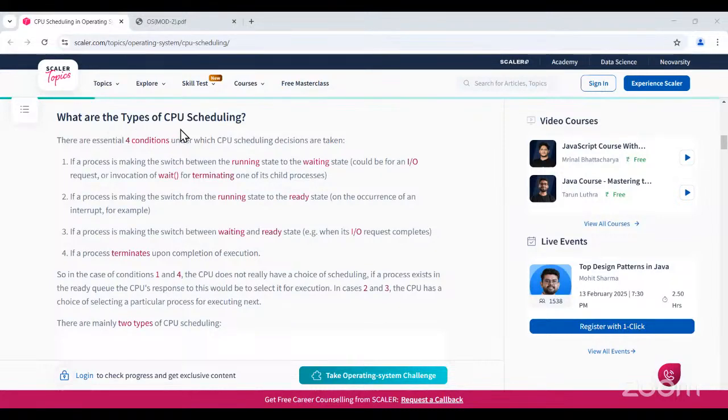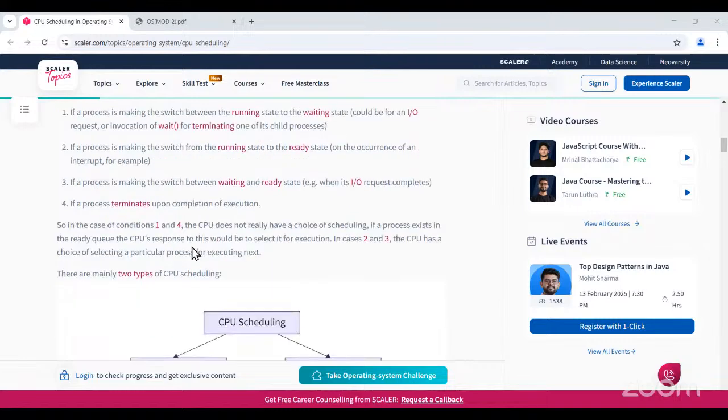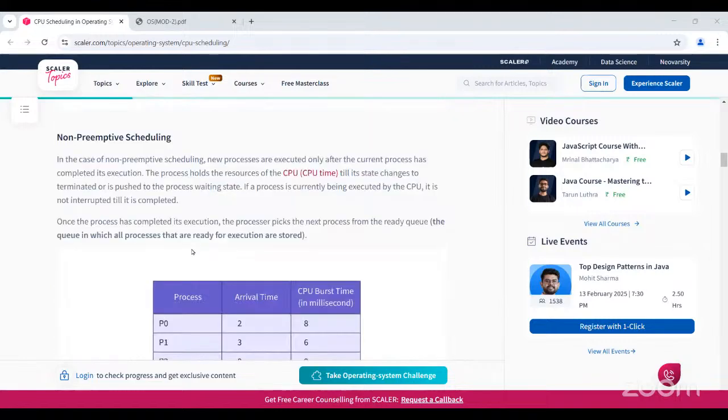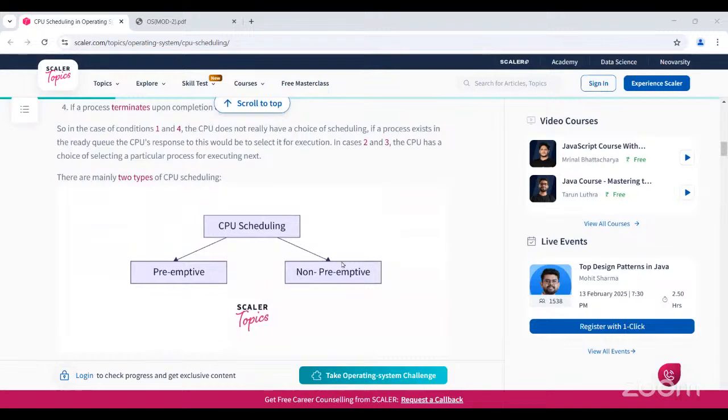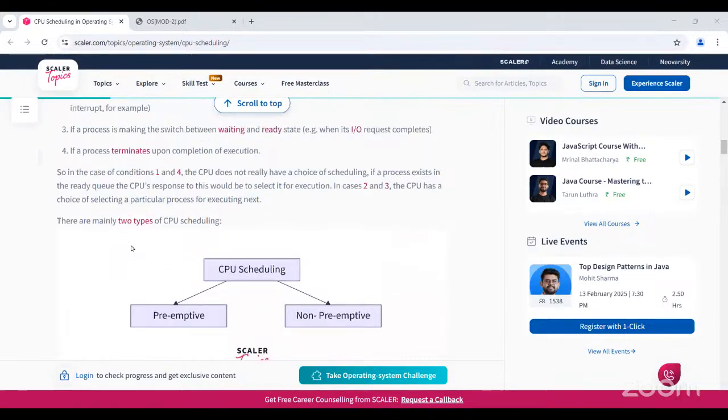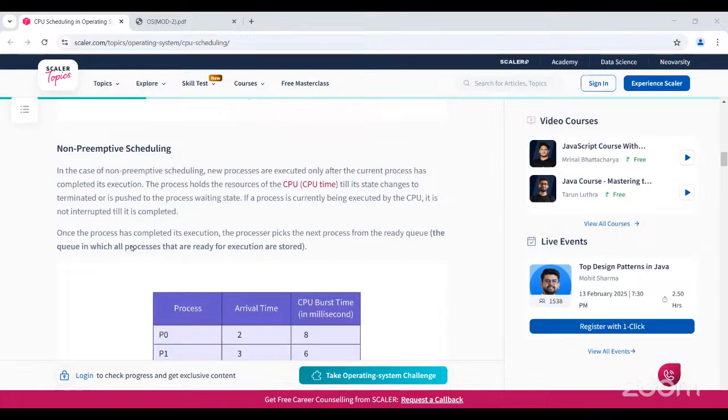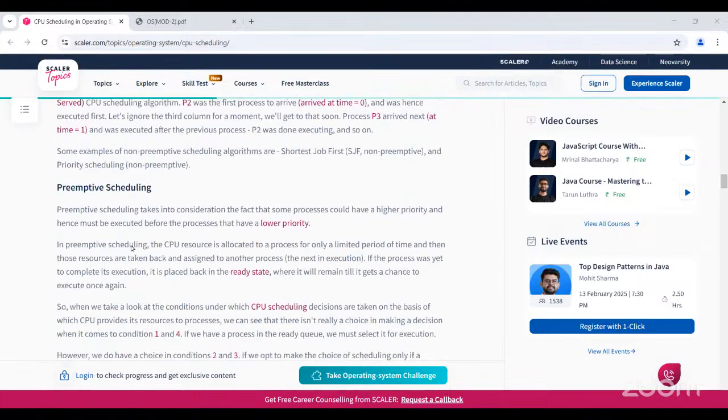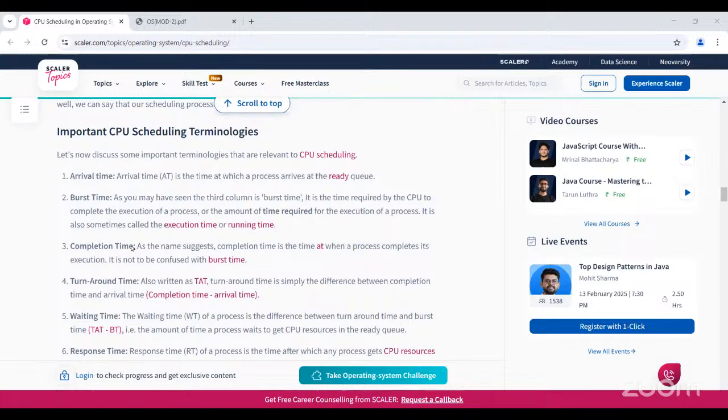The CPU scheduling has two types, as we understood: preemptive and non-preemptive, which we'll discuss in another topic. Now see here, what are the terminologies we use in CPU scheduling?